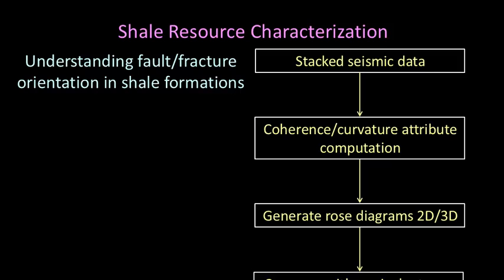It does a good job. If you have done that and you can pick up those fine lineaments, you can generate a rose diagram at the location of the well or around it, and then correlate that with the image logs, and that should give you some kind of confidence, depending on how well it matches. So that is one workflow that will help you do that.